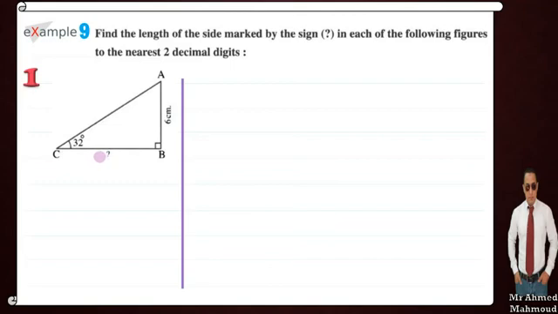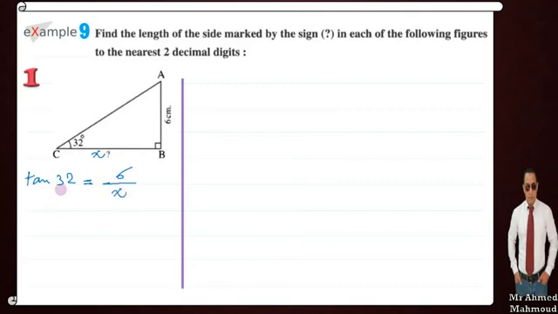BC, the required, is the adjacent. What is the relation between the opposite and the adjacent? It's the tan. So tan 32 equals 6 over x, where I call the required x.